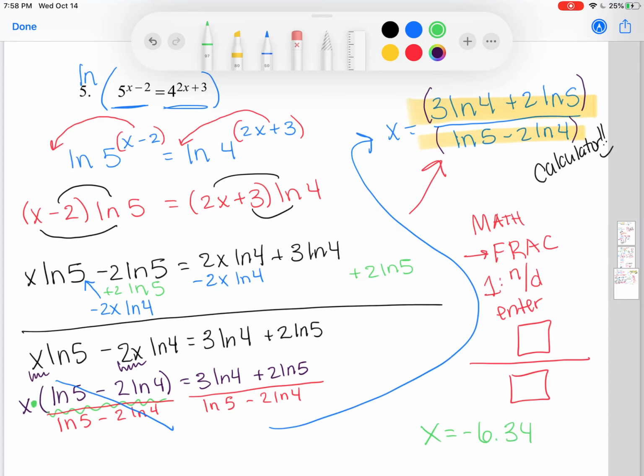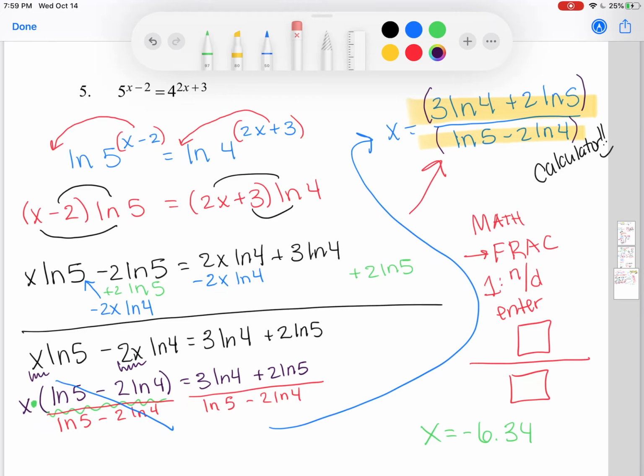Get that practice in. And your final answer will be x equals, again, round to the nearest hundredth, negative 6.34. Again, before you circle your answer, go back and see if you need to check. Okay, remember, when we check, we're only checking the original question.